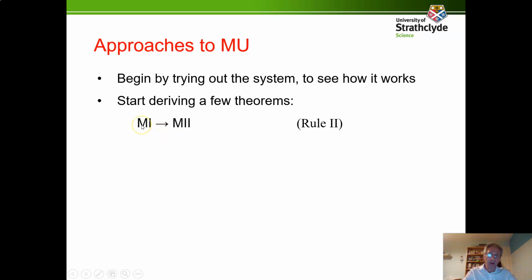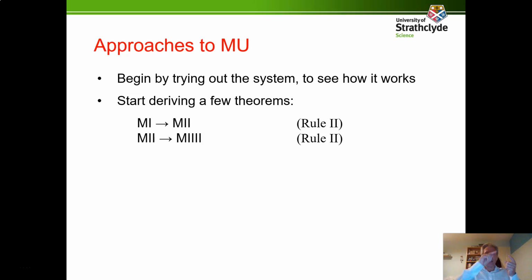So from MI, I'm allowed to use the doubling rule, that's rule 2, to make MII. From MII, I'm allowed to double it again and make M with 4 I's. So what I now know is that M with 2 I's is a true statement, just like MI is. And M with 4 I's is a true statement.